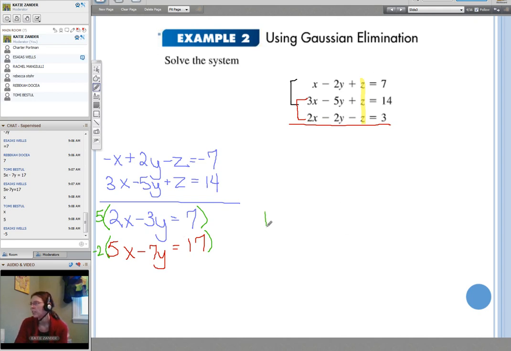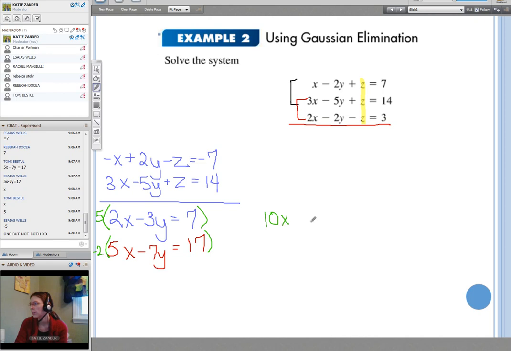All right, I'm just going to do exactly one, but not both. I'm going to multiply through here. Oh, this actually isn't going to be so bad. When we add these together, what are we looking at?